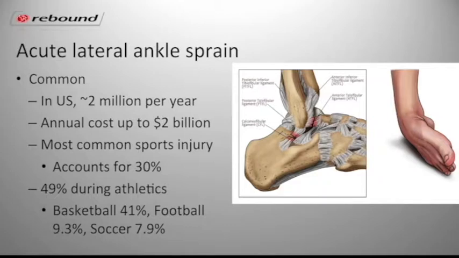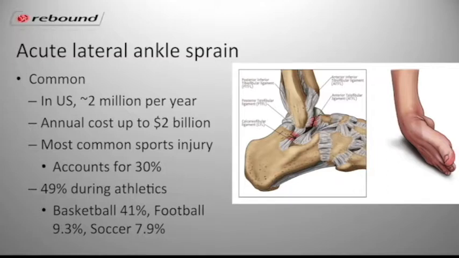So let's focus a little bit on the most common injury, which is an acute lateral ankle sprain. This is an injury to usually both the anterior talofibular ligament as well as the calcaneofibular ligament. And again, this is caused by an inversion force on the ankle. There's a lot of these per year, and it costs a lot of money to take care of them, as well as in time lost, up to $2 billion by some accounts.